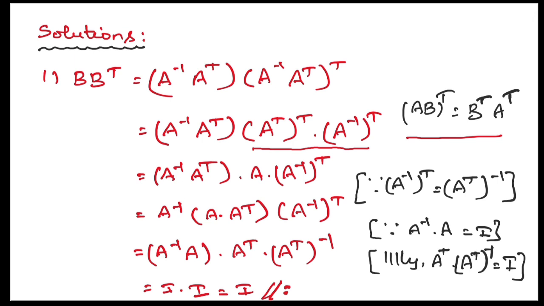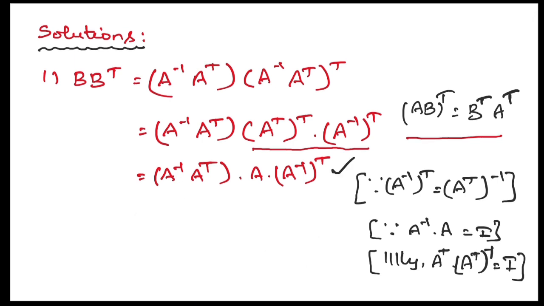the whole transpose. And we know by theorem 1.4, A transpose the whole inverse is equal to A inverse the whole transpose. So that is equal to A inverse into A transpose into A into A inverse the whole transpose will become A transpose the whole inverse.